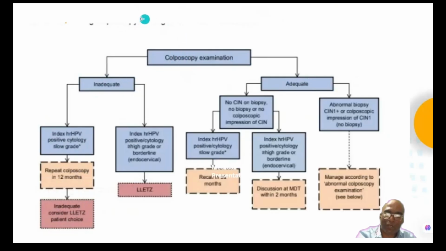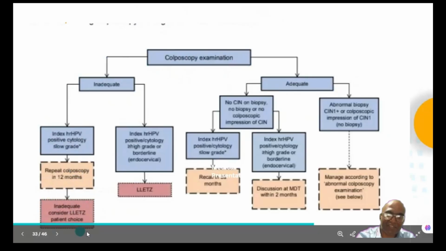If the cytology is low grade, then repeat the colposcopy in 12 months. But at the end of 12 months, if it is still inadequate, then go for LLETZ. Same as what we have seen for HRHPV at 24 months. Here you will go for excision.